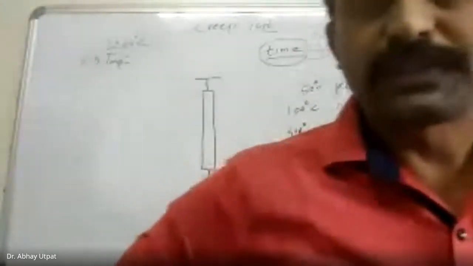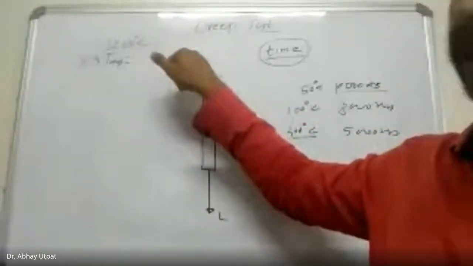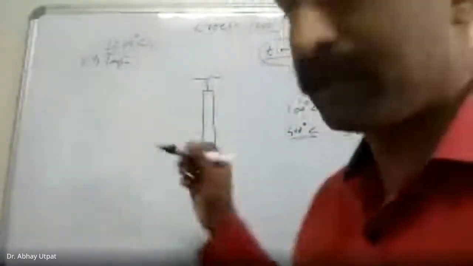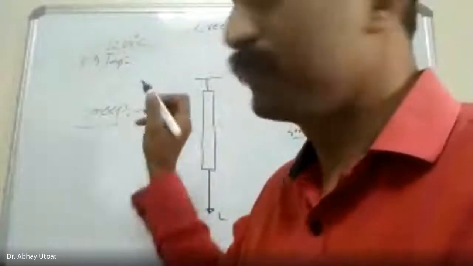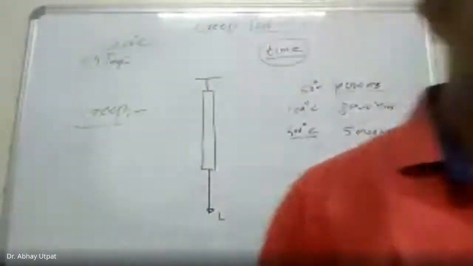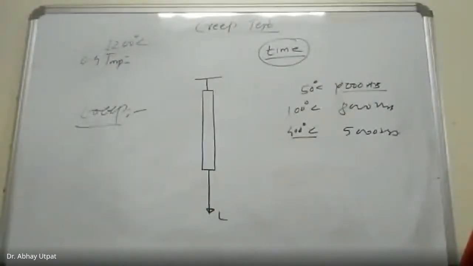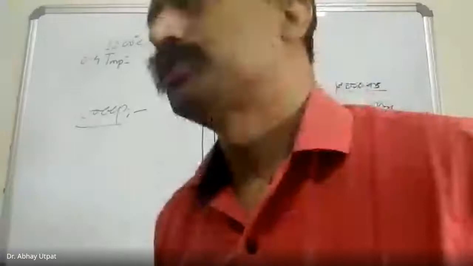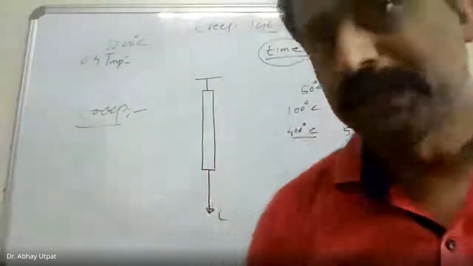Slow and progressive, right? After this creep test, go to next line, write creep. Only creep you write, CREEP. Don't write creep strength. What is the meaning of creep? I will tell you first. Slow and progressive deformation of the material with time.